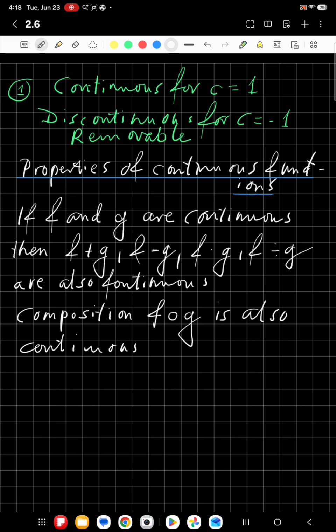So let me show you what that means. Let's say f of x is square root of x, g of x is x squared minus 4.